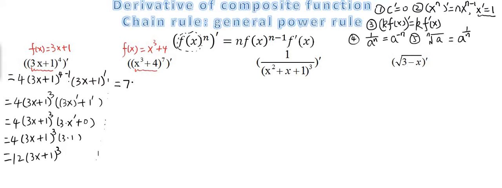So 7 times f(x), which is (x cubed plus 4), to the power n minus 1, 7 minus 1, times the derivative of f(x), that is the derivative of x cubed plus 4. And we can simplify it. (x cubed plus 4) to the power 6.